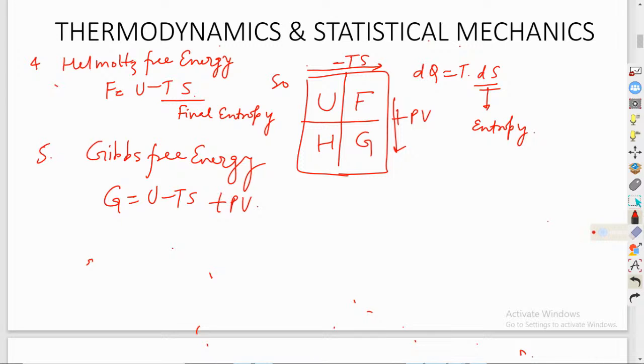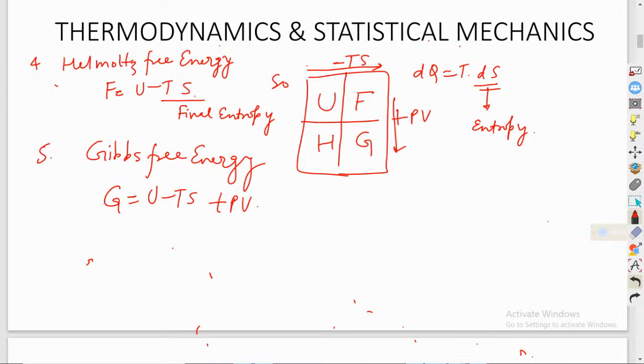Which you have seen: delta U is equal to Q minus W, and the second one is enthalpy, H is equal to U plus PV. As we have studied very earlier, U is the change in internal energy, Q is the heat added to the system, and W is the work done by the system.